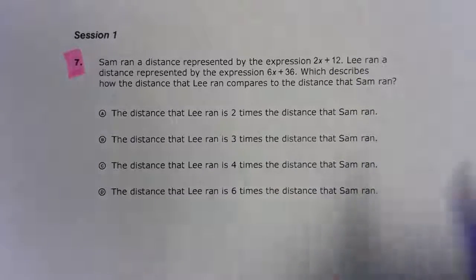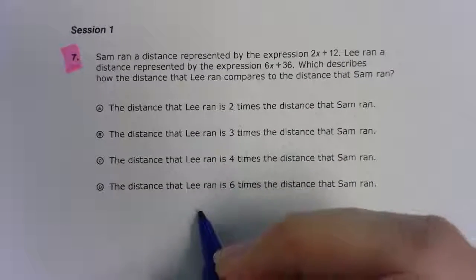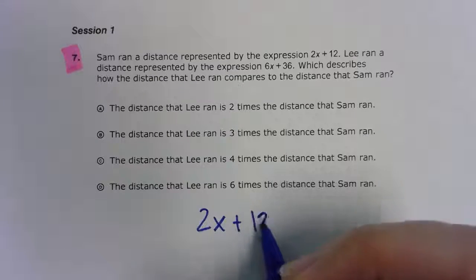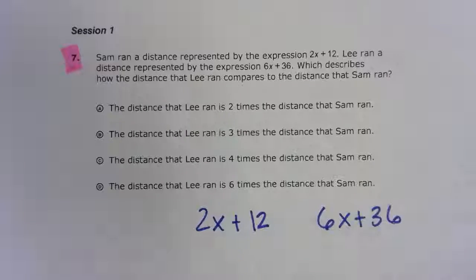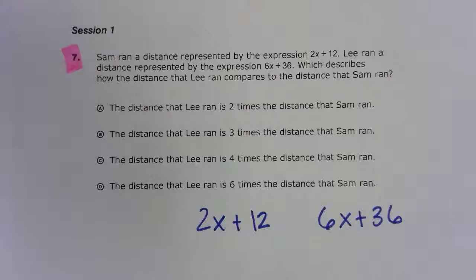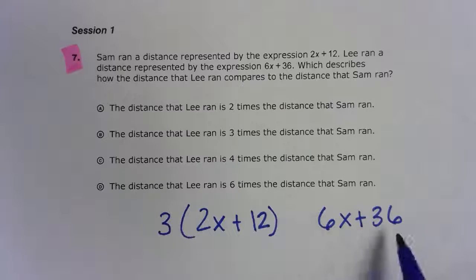If I'm comparing 2x plus 12 and 6x plus 36, I know that if I multiply this by 3, then I get this. So that means that the distance that Lee ran is 3 times the distance that Sam ran.